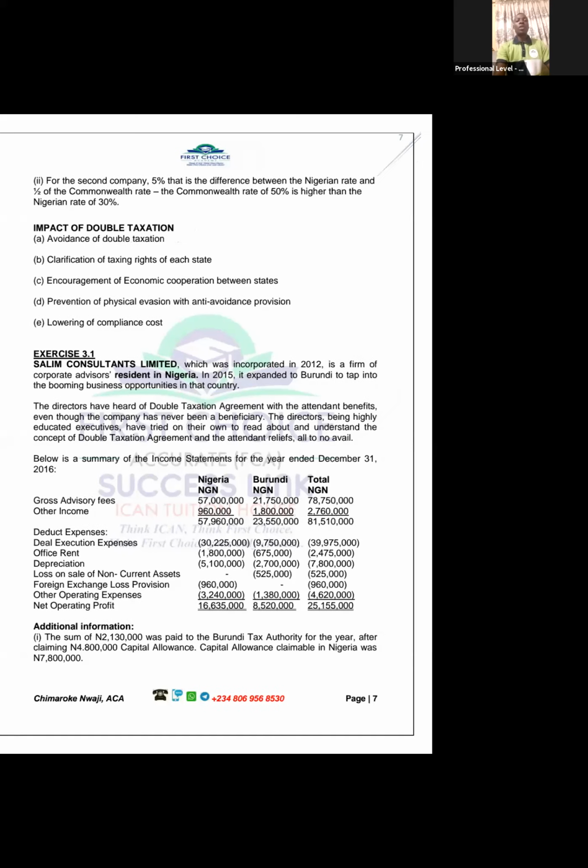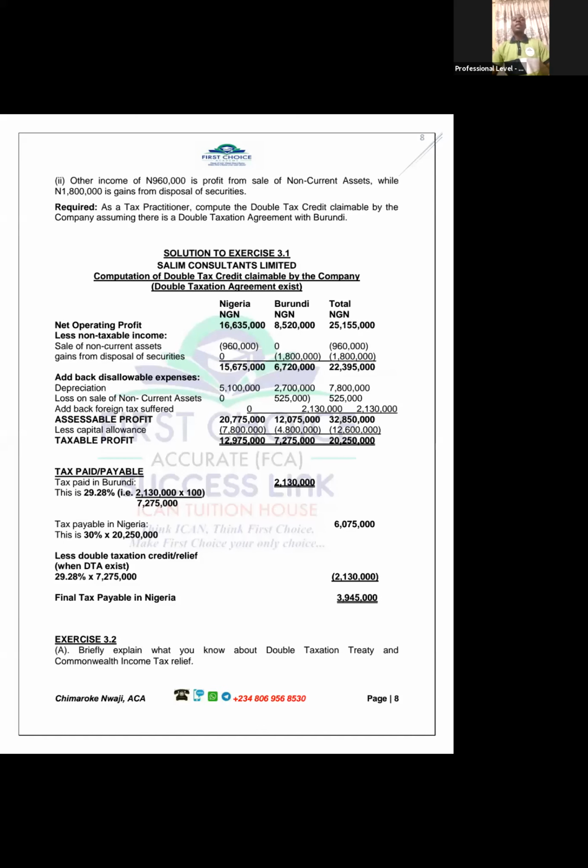What we do is we look at our net profit and ask ourselves, from the income side, are there income that you have added to your statement which are not supposed to be there, which are not taxable? If they are not supposed to be taxable, you remove them.